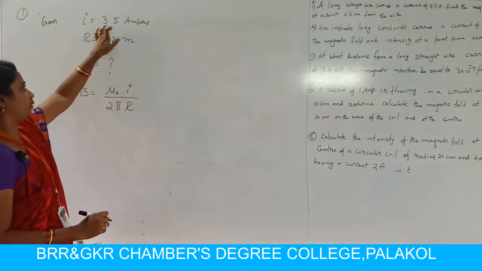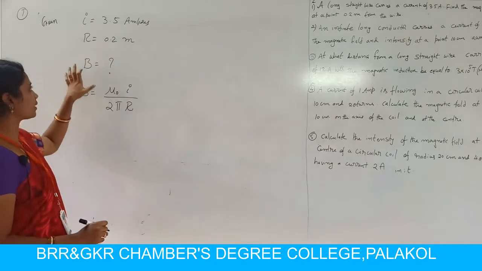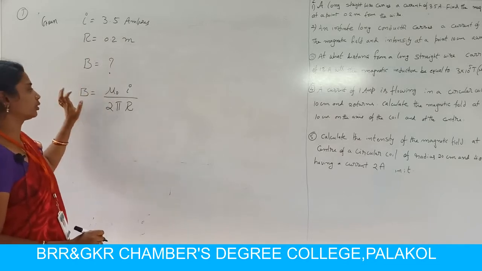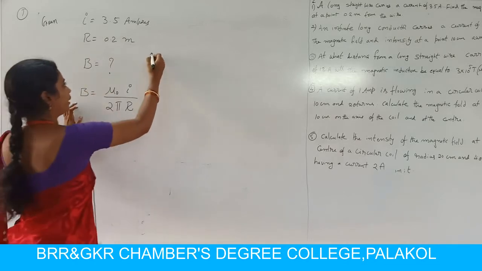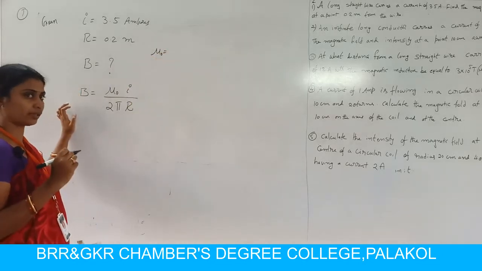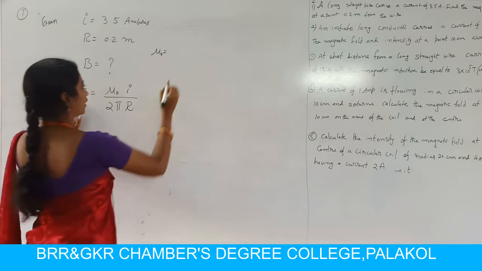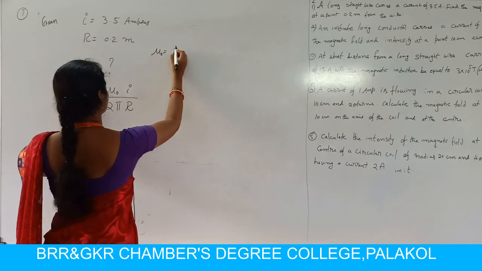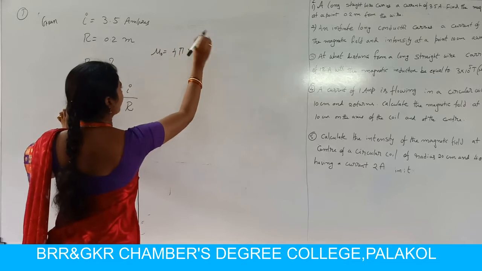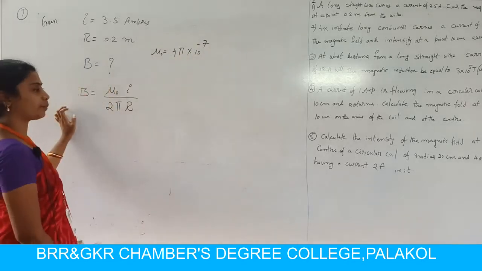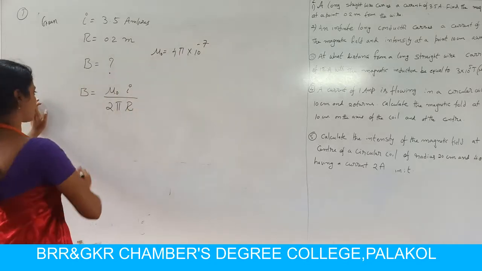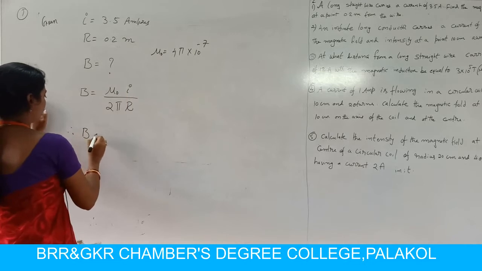Here I is 3.5 and R is 0.2 meters, as given in the problem, and we want to calculate B. The term mu naught is the permeability of the medium, which is given in Biot-Savart's law as mu naught equal to 4 pi into 10 to the power of minus 7 Weber per ampere meter.